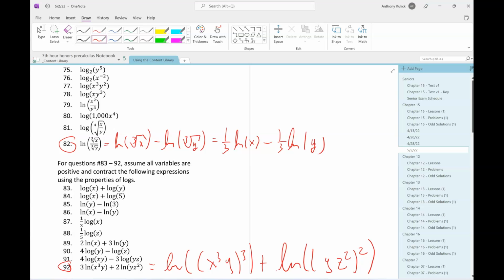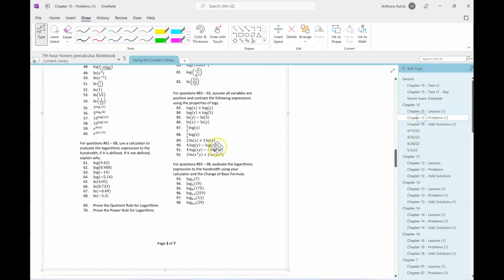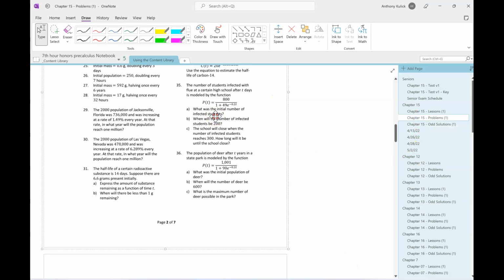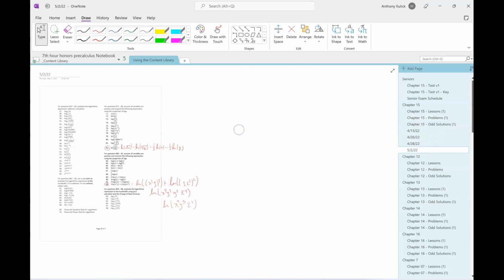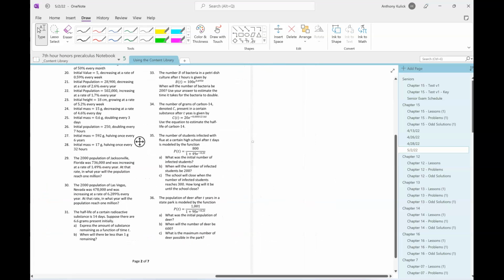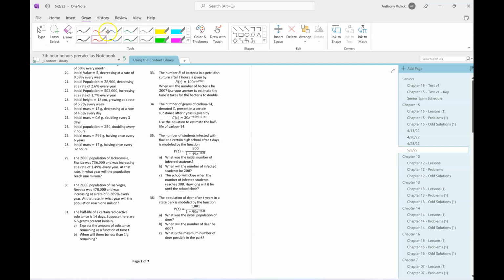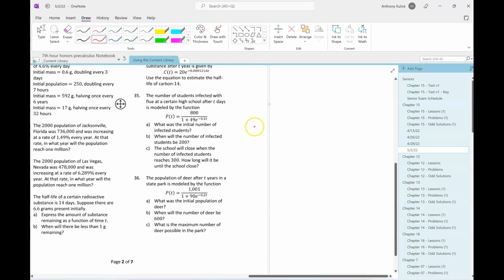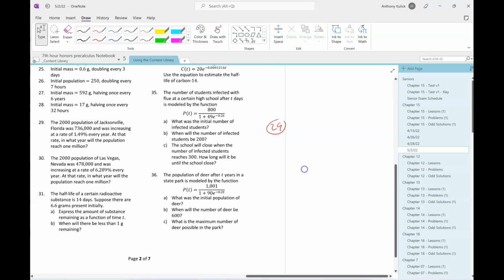Others. Jacob. Can you do 29? Sure. Okay. It says that the year 2000 population of Jacksonville, Florida was 736,000, increasing at a rate of 1.49% per year. At that rate, what year would the population reach 1 million?